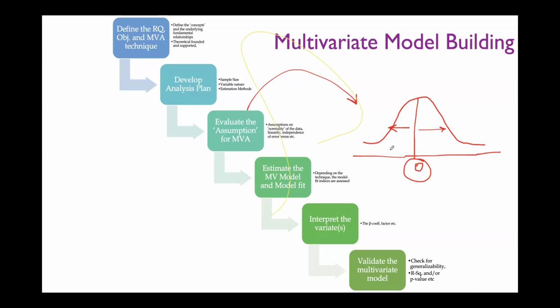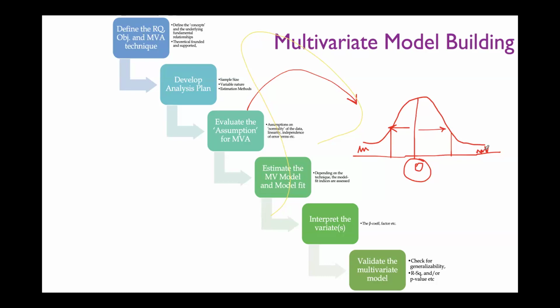So all the data that you have is around this. 66% of the data that you have is around this. That is what normality would mean: that you do not have extreme data. These are called extreme data. All your data is around the normal curve, right? That is what the first assumption is.